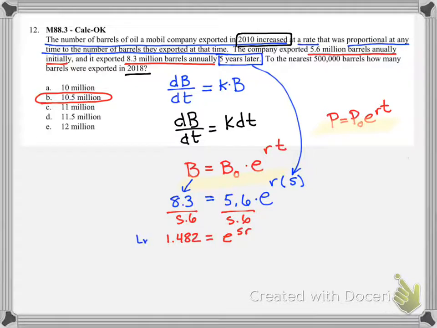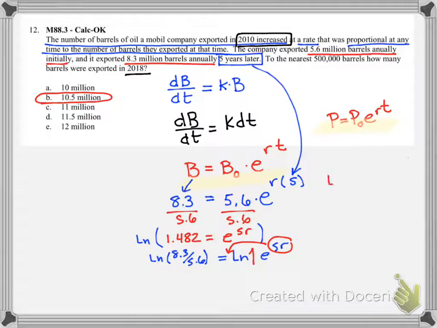Now I will take the natural log of everything, and in doing so, we'll have ln of that 8.3 over 5.6 equals ln of e to the 5r. Our log rules allow us to bring this exponent down, and of course ln of e is 1.